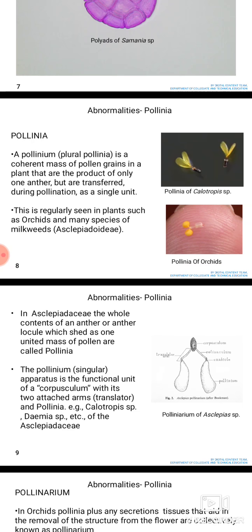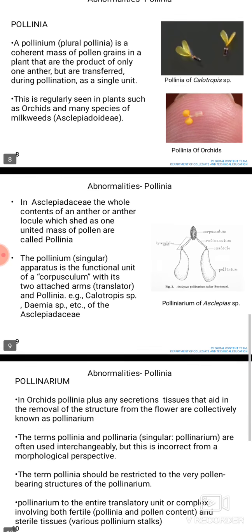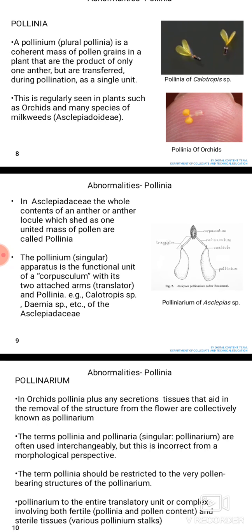In Asclepiadaceae, the whole content of anther or anther locule, which is shed as one united mass of pollen, is called pollinia. The pollinium apparatus is a functional unit of corpusculum with its 2 attached arms, that is translators and pollinia.